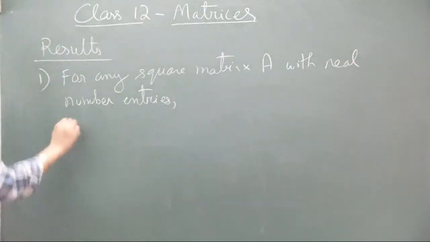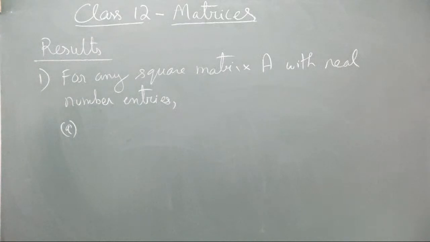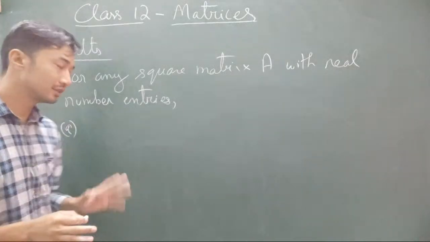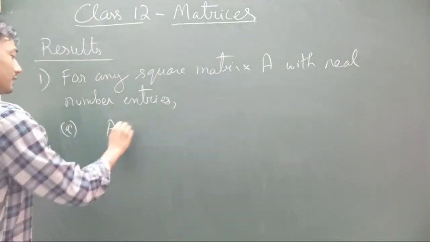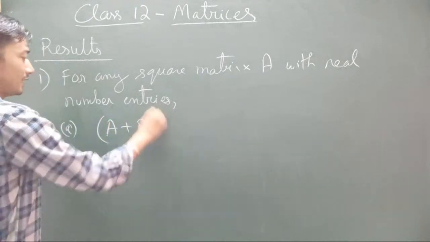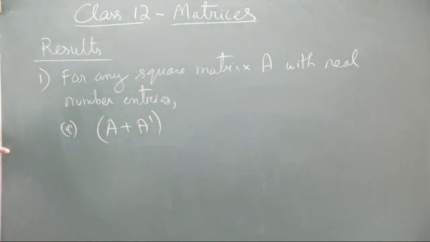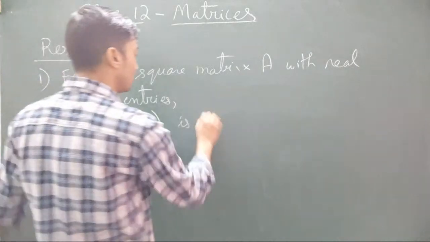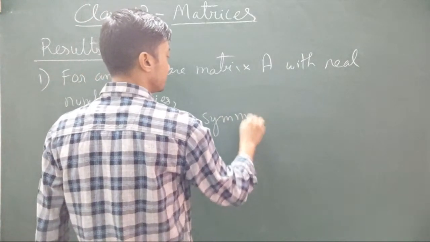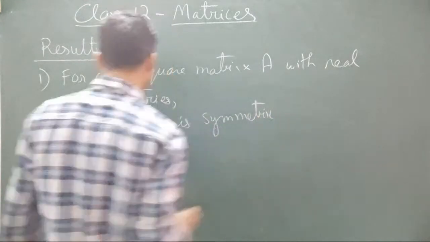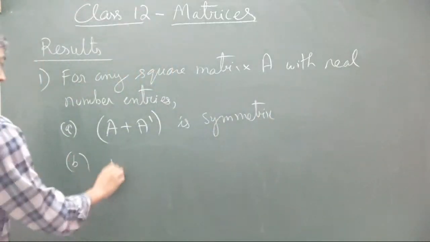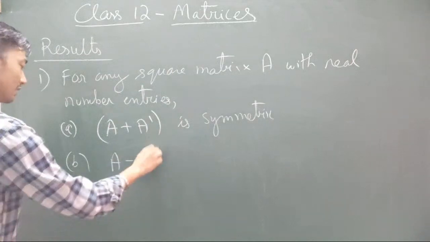The first one is, for any square matrix, what happens? The matrix formed by adding the matrix to its transpose, A plus A transpose, is always symmetric. The second one will be the matrix subtracted.